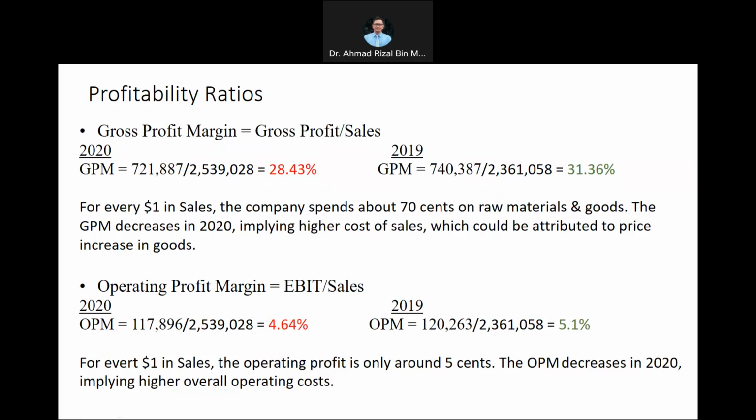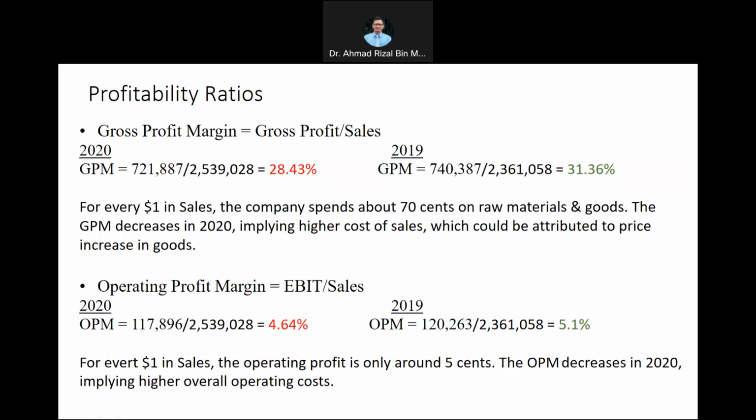The next layer would be the operating profit. This is earnings before interest and taxes. And in this case, about 4.64% and 5.1% in 2019. A decline, but it is only around 5 cents. So from the standpoint of operating profit, this is before taking into account interest and taxes yet.